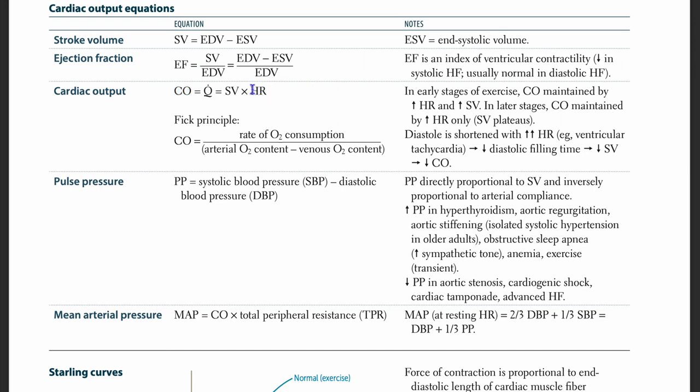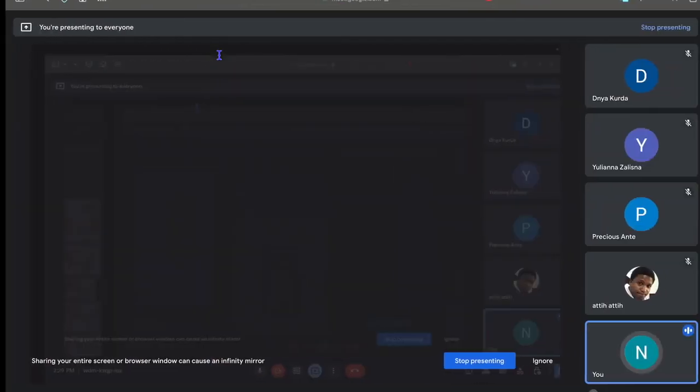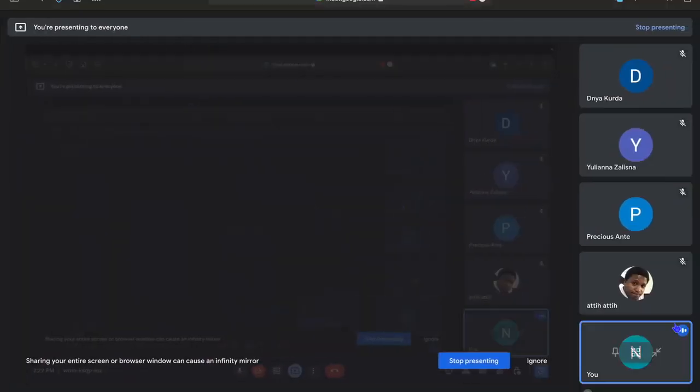Similarly, in 1 minute, say a person has a heart rate of 60 compared to a person who has a heart rate of 80. So the 80 has an increase in cardiac output than the one that has 60, right? So like that. So stroke volume equals EDV minus ESV. Ejection fraction is stroke volume divided by end diastolic volume. Okay.